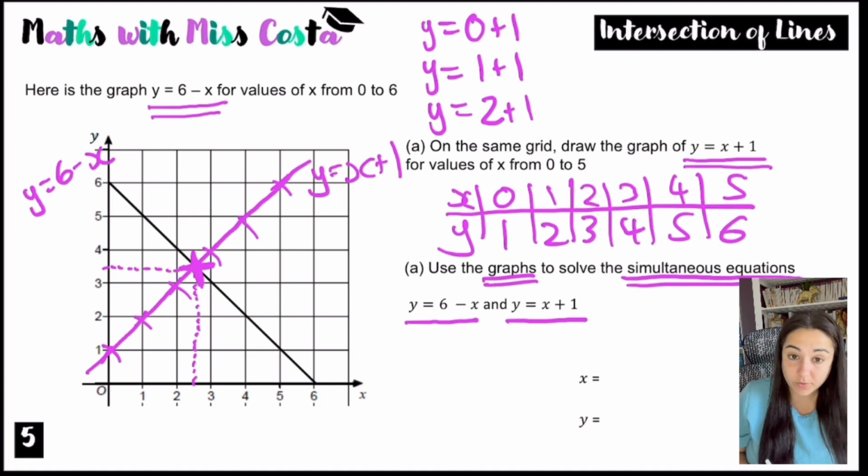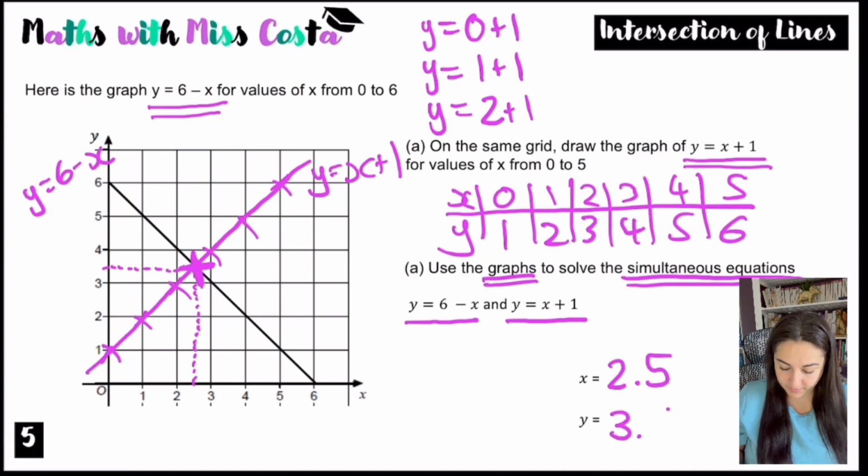So the x coordinate for where they cross is 2.5 and the y coordinate is 3.5. So to solve simultaneous equations graphically, you just look for the point of intersection, and whatever the coordinates are, they are your x and y values.